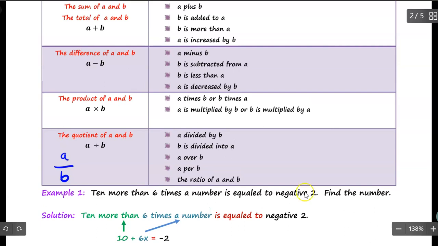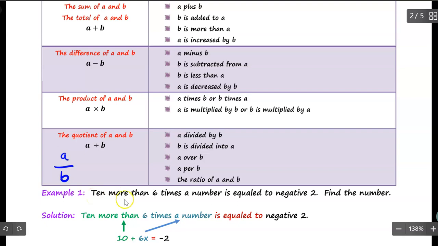The two words "more than" here represent addition. "6 times" represents multiplication in this case. So you find "more than" as addition and "times" as multiplication. I can write the number 10.